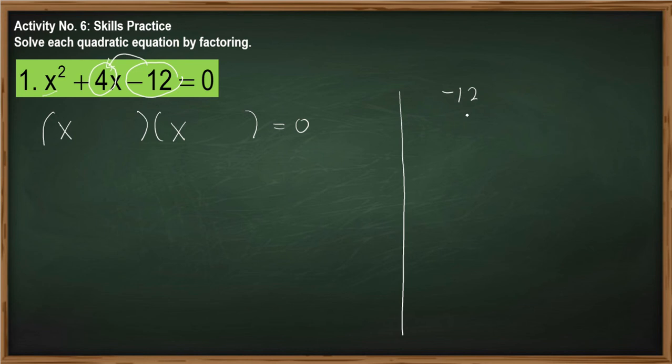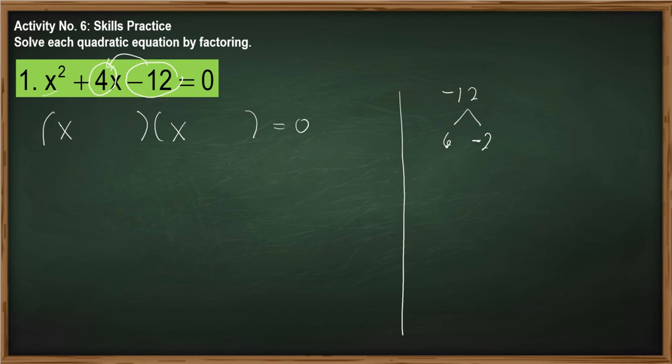Ano ang factors ng 12? Pwede siyang 6 at saka 2 kasi nga pag i-add or pag i-subtract natin, maaari tayo magkakuha ng positive 4 or negative 4. So dito, positive ito, so ibig sabihin ang magkakaroon ng negative sign ay yung smaller factor.